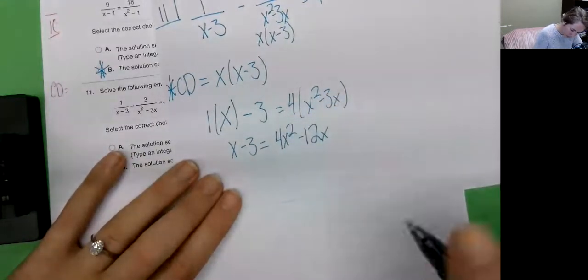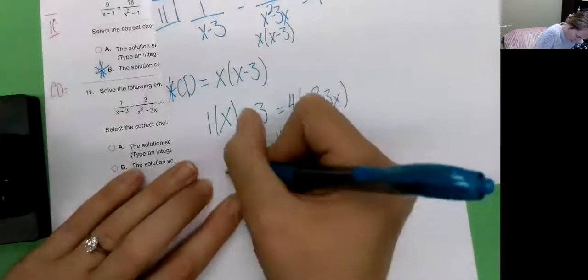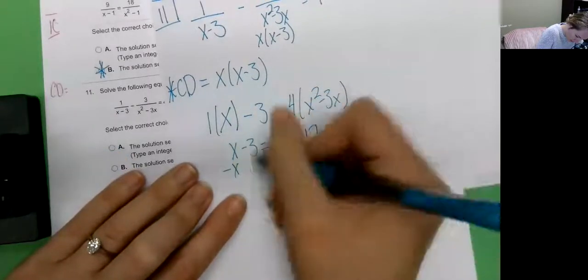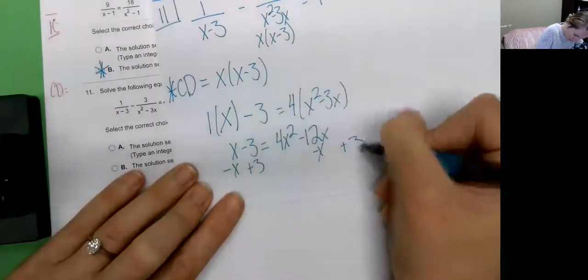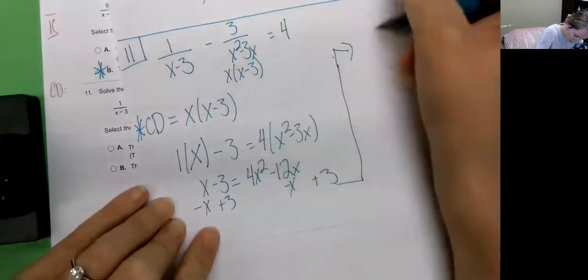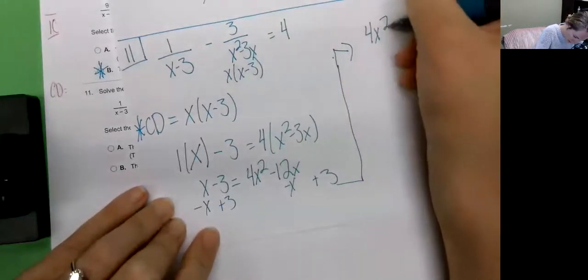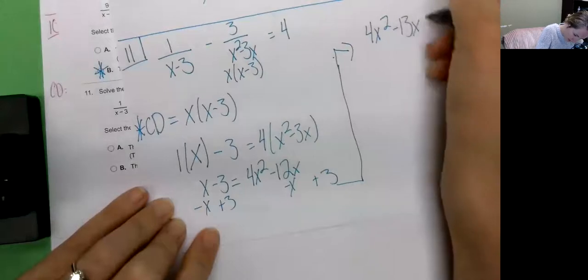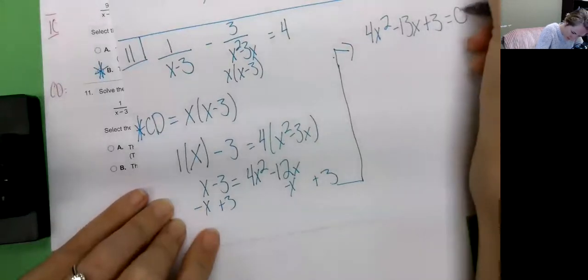We're going to combine our like terms, and I'm going to move these over there. So subtract x, add 3. I should have done this on the back. I apologize. So we have 4x squared subtract 13x plus 3 equals 0.